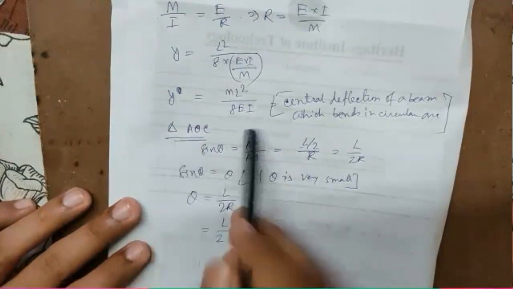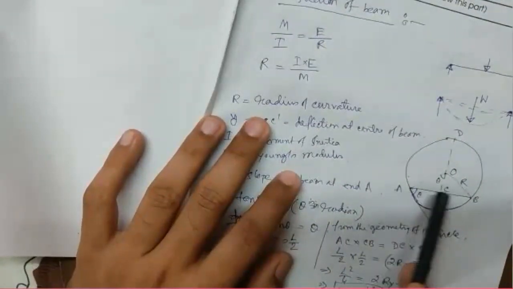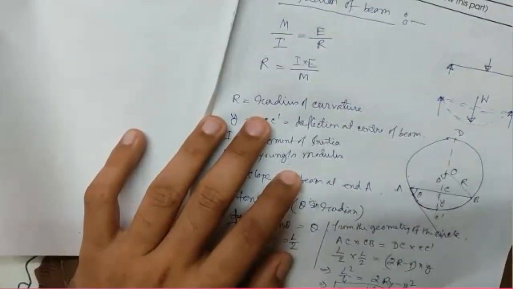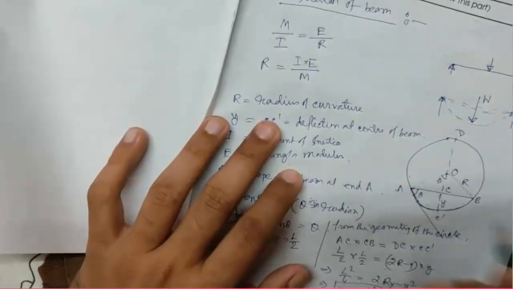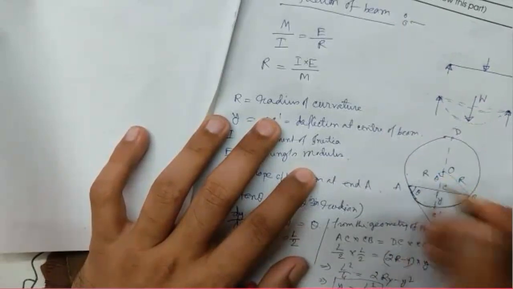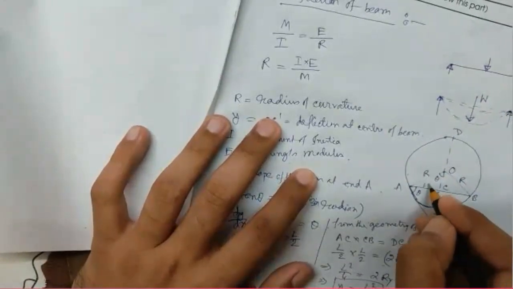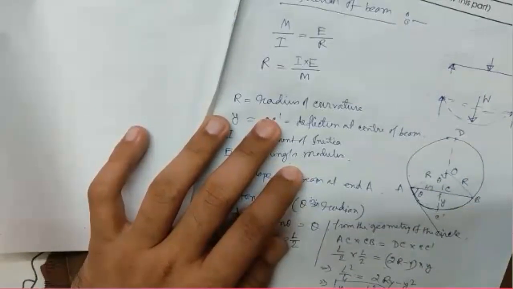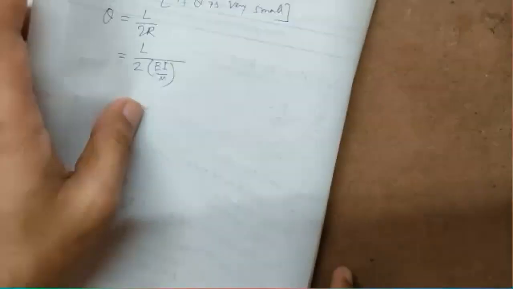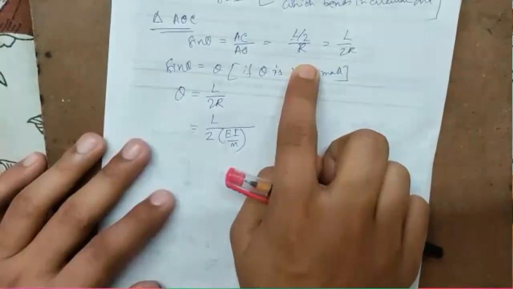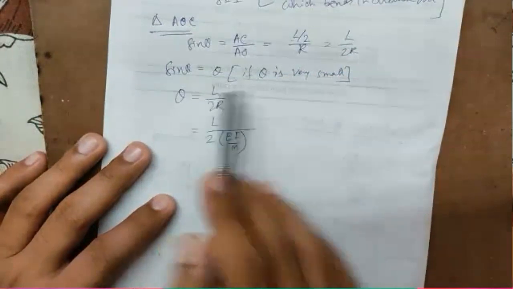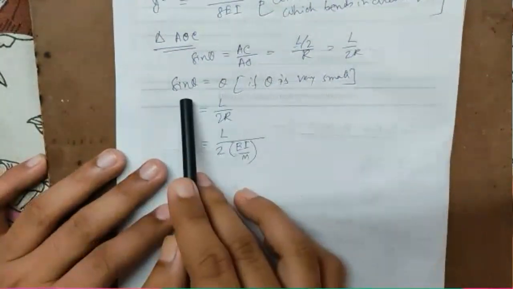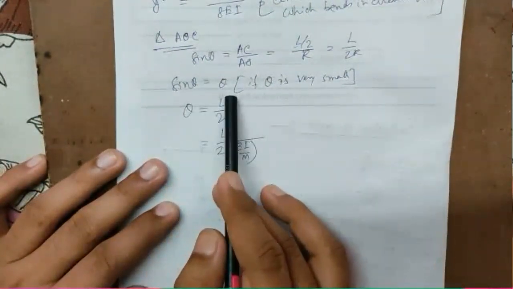Now, from triangle AOC, if this angle AOC is theta, then sine theta can be written as follows. This is also R, the radius of curvature, and this is L by 2, so sine theta equals L by 2 by R, that is L by 2R. We also know that when theta is very small, sine theta equal to theta when theta is in radian.